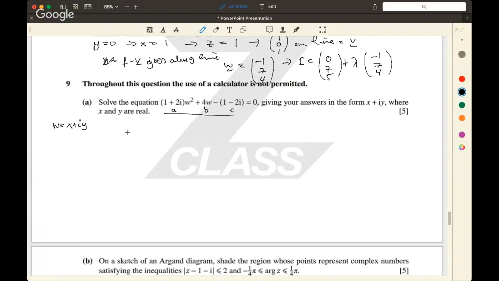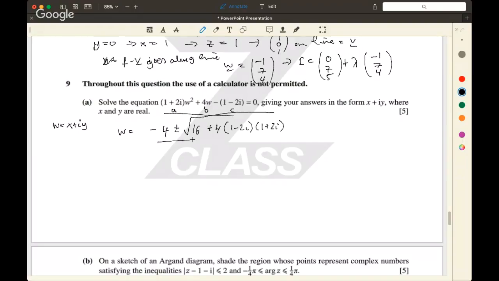C, I get that W is equal to minus 4 plus or minus square root of B squared, 16, plus 4, 1 minus 2i, 1 plus 2i. And you should be happy to see that because this is a complex number multiplied by its complex conjugate, which will give you a nice real number.